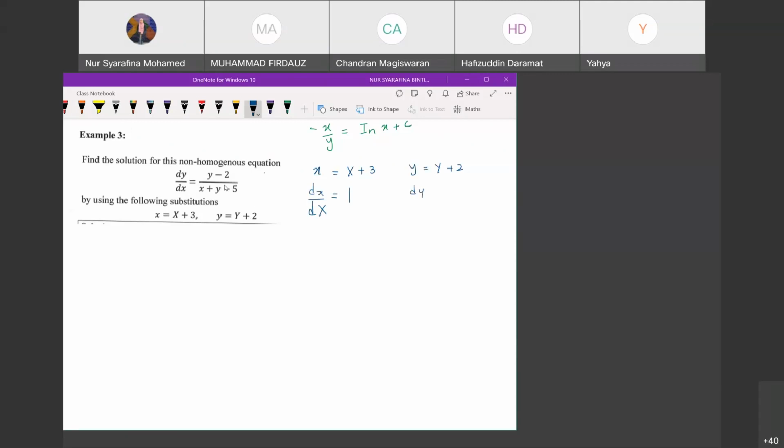Same for this one, this one also equals to 1. Then dx equals to dX, dy equals to dY. Okay, so actually this is just showing a different variable. So this is the big X here.